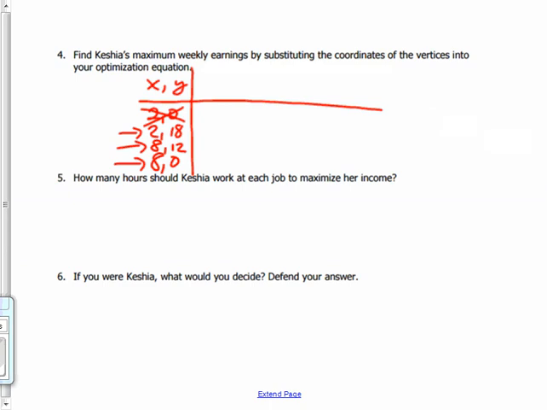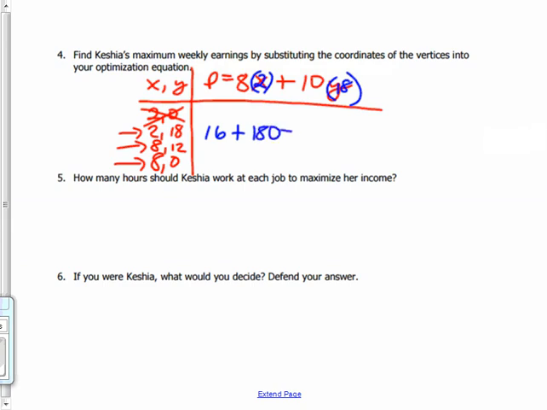So now we're going to stick these into that profit function, which once again was profit equals 8 for each x plus 10 for each y. Now, if we stick in 8 for each x and 10 for each y, then the first point, 2 comma 18, would be 8 times 2 is 16, plus 18 times 10 is 180.